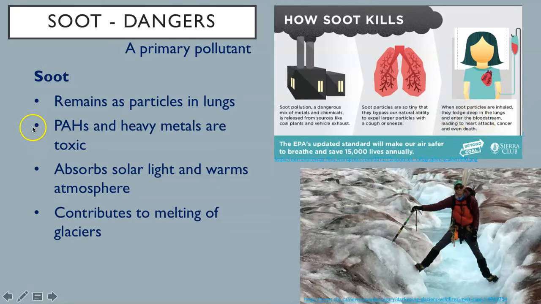Polyaromatic hydrocarbons and heavy metals that are in soot are also toxic. Soot also absorbs solar light and warms the atmosphere, contributing to global warming. Furthermore, when it settles on the ice, it results in the ice absorbing more sunlight. Thus, soot contributes to melting glaciers and further contributes to global warming.